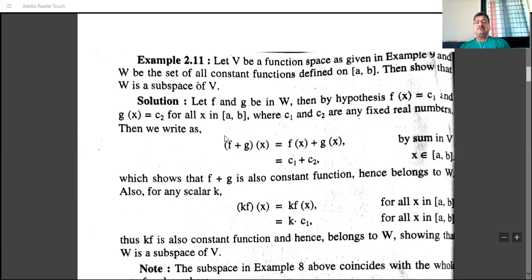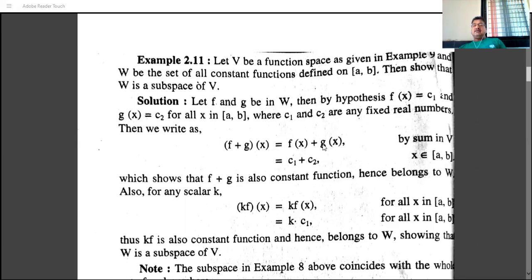So f + g belongs to W if (f + g)(x) is equal to some constant. What is (f + g)(x)? It is f(x) + g(x), by the definition of addition in V. And f(x) is C1, g(x) is C2, so C1 + C2 is a new constant, and therefore it is true for all x belongs to the closed interval [a, b].